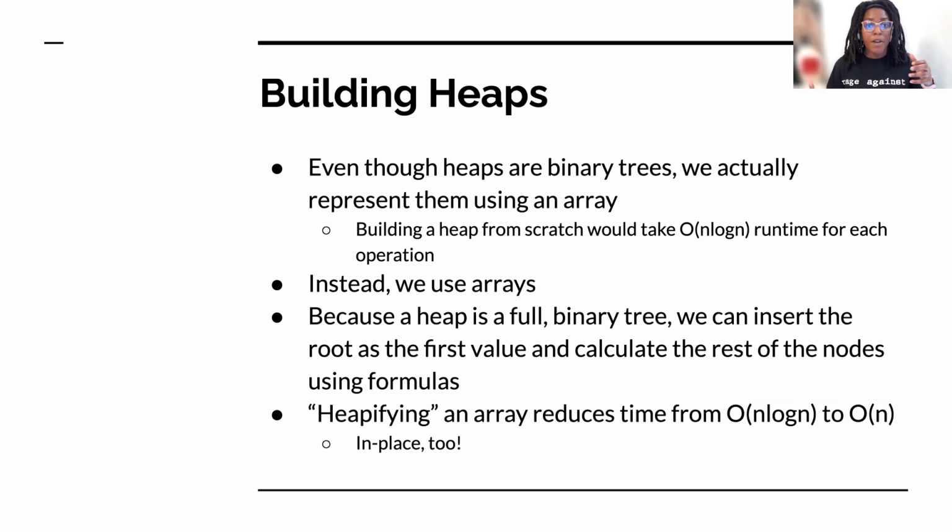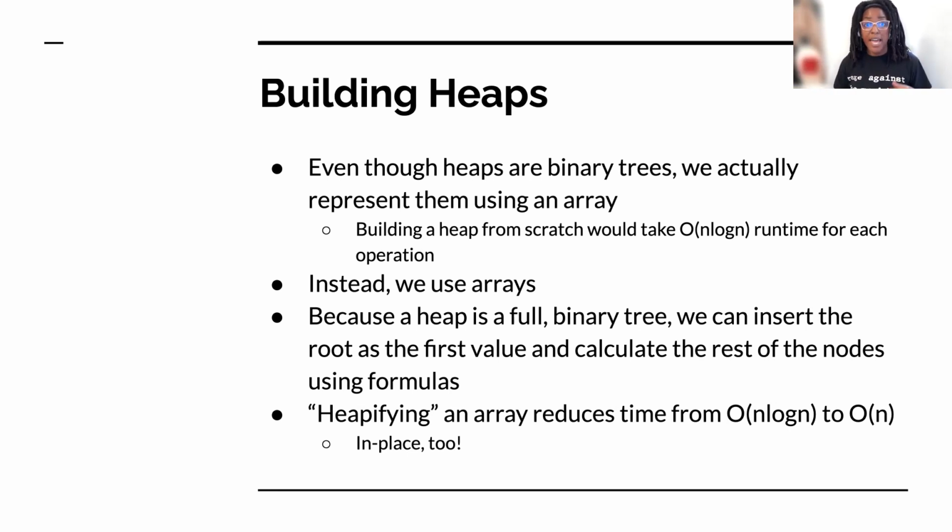But there's some cool things about heaps that make it the perfect candidate for array representation. One, we know that heaps are going to be full, which means that before we add a new level, all of the nodes are going to have 2 children. So there's not going to be any gaps.